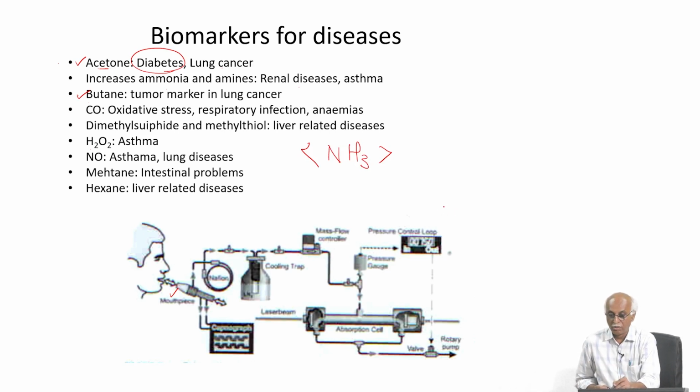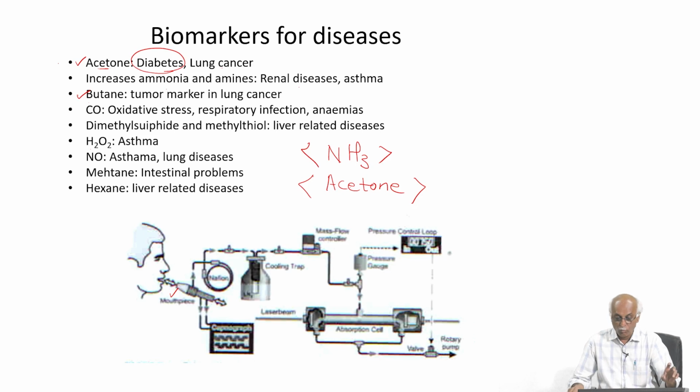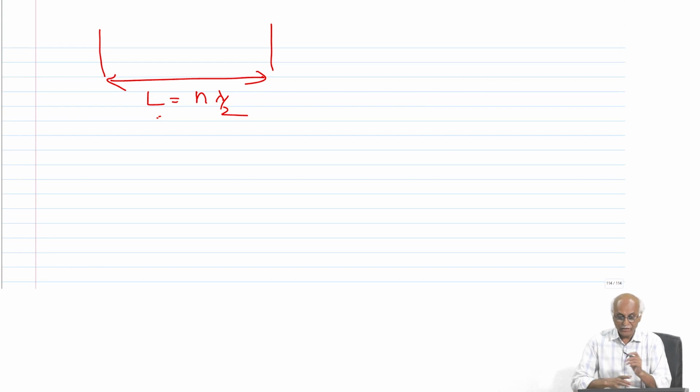Acetone and other ketones are useful for capturing diabetic information. So, this is one approach. Now, based on absorption spectroscopy, however, a slightly different approach is photoacoustic spectroscopy.